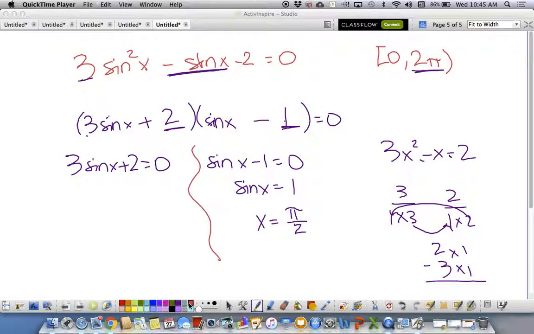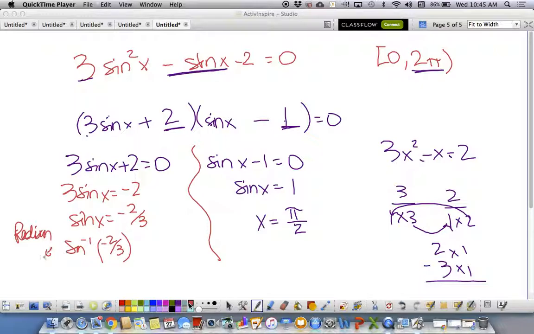Move on to the other one. So 3 sine x equals negative 2. Sine x equals negative 2 thirds. Is there a triangle where the opposite is 2 and the hypotenuse is 3? Not that we know offhand. So guess what I'm doing? Making sure I'm in radian mode, and I'm hitting inverse sine, sine negative 1 of negative 2 thirds.